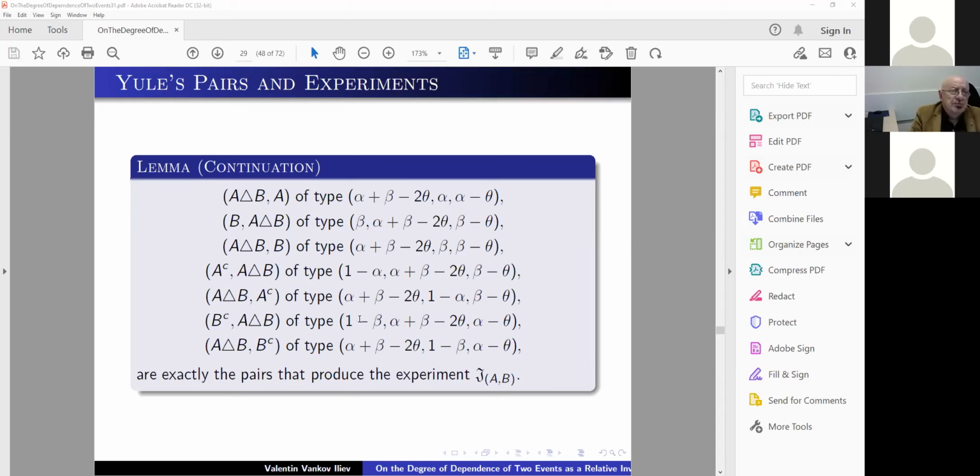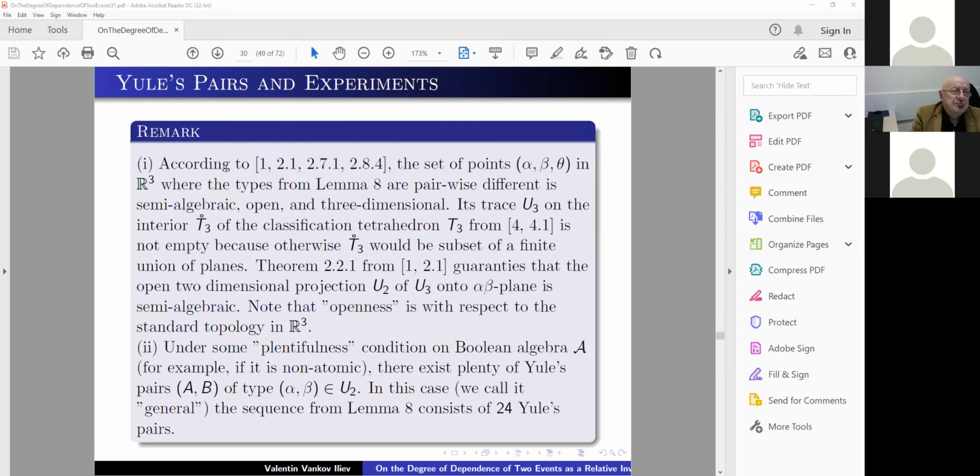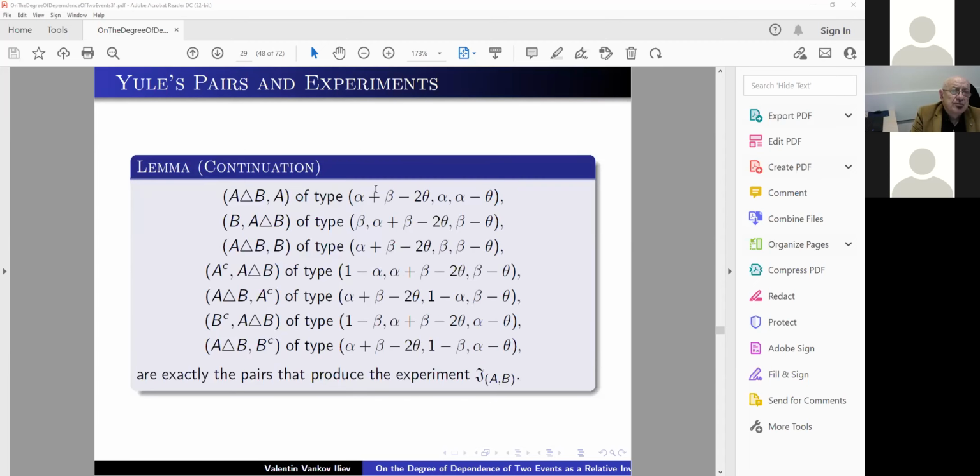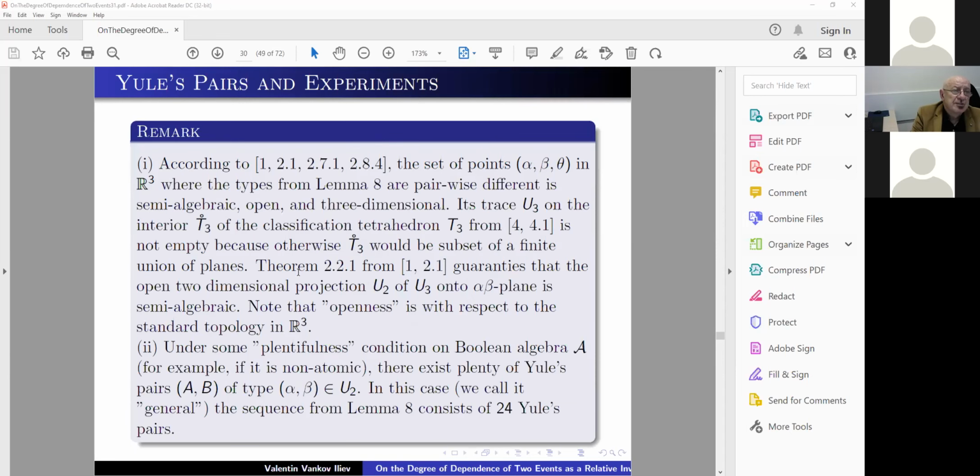But we can find a condition under which they are pairwise different. And this is the way of doing this. It is enough to show that for some alpha, beta, and theta, those types are pairwise different. Then the corresponding pairs are pairwise different.